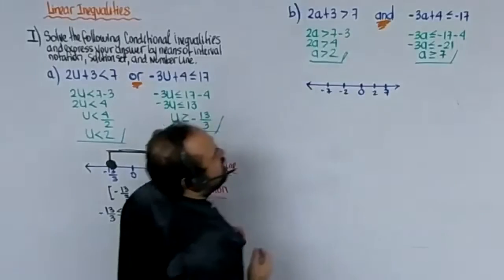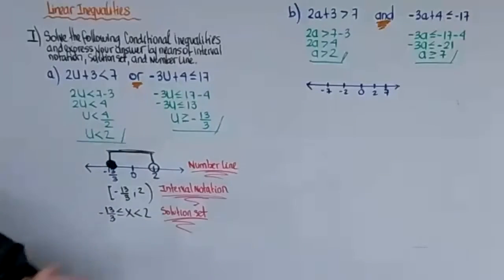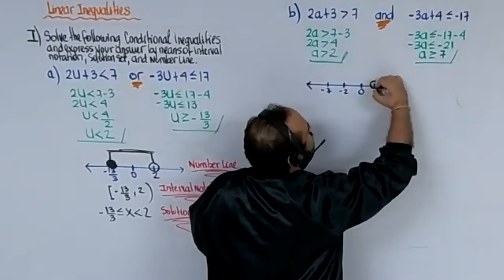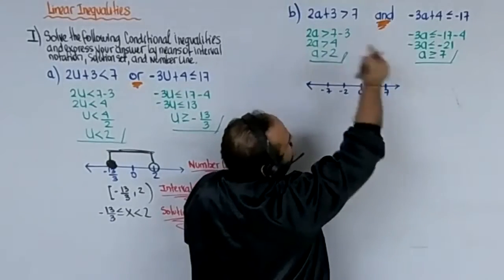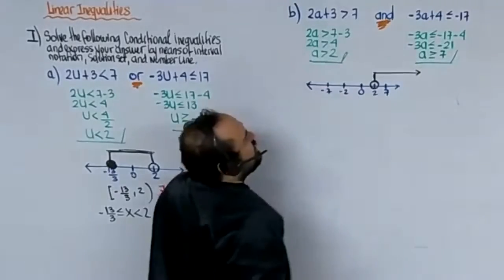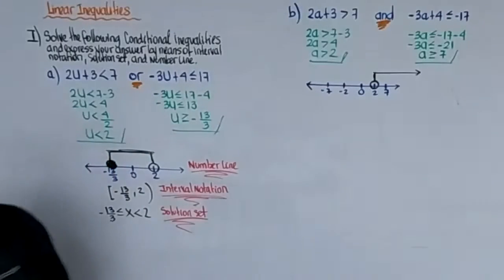Let's start with the number 2. What values are greater than 2? 3, 4, 5, and so on, to the right side. So I draw the circle without shading because I don't include the equal sign, and this goes to the right side.